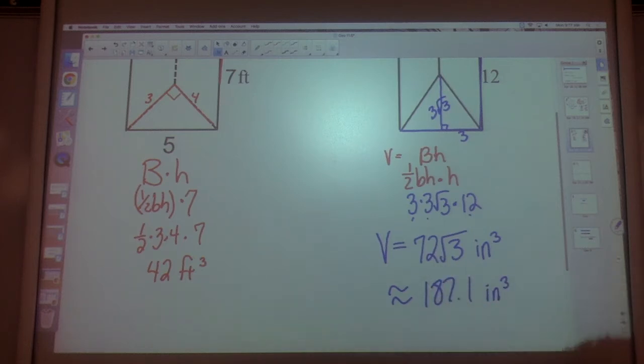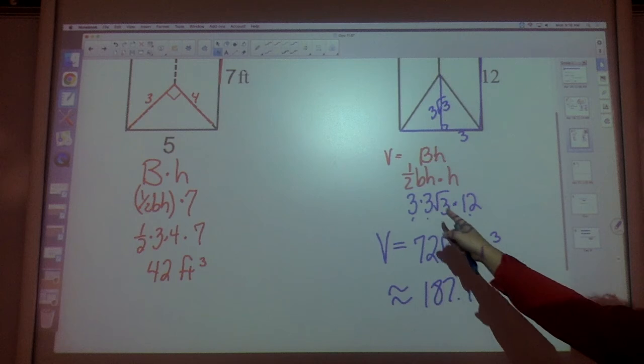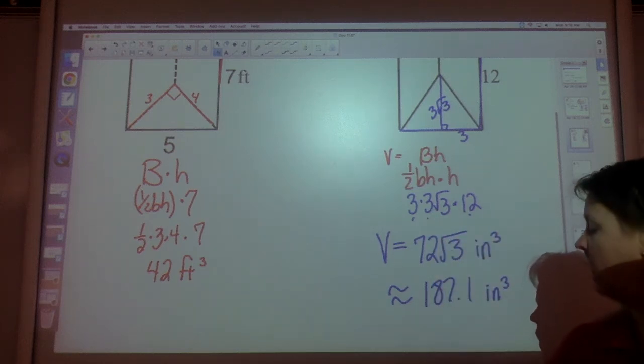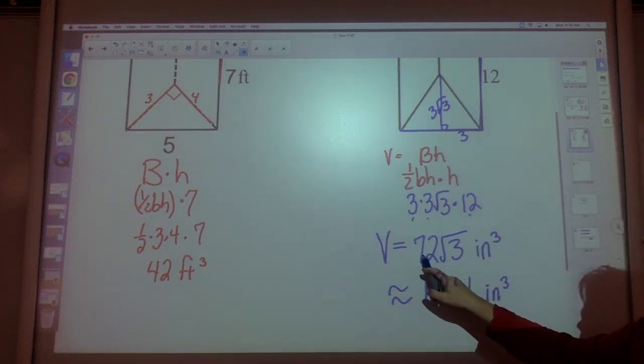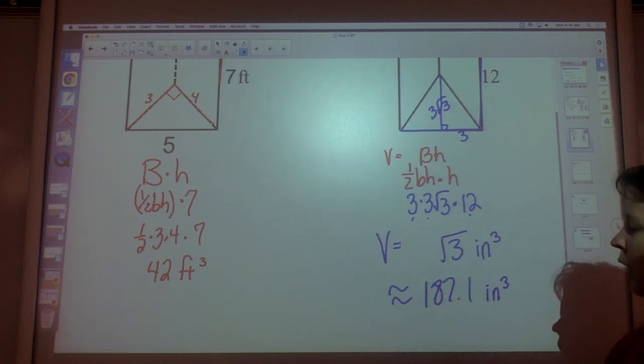Now I'm going to take 72 square root of 3 just to check my answer, and that didn't work. 72 times square root of 3. That's because 3 times 3 times 12 is not 72. You got to be more careful than that.